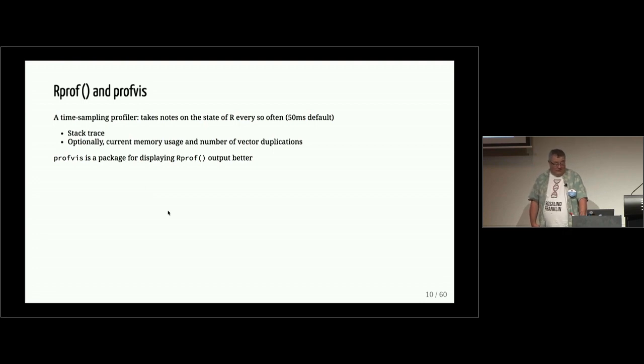And optionally, it also writes out the current memory usage and the number of times that vectors have been duplicated with a call to duplicate internally since the last time tick.